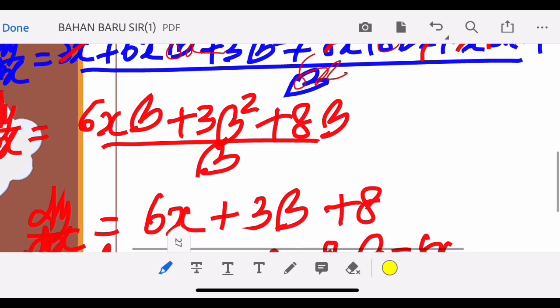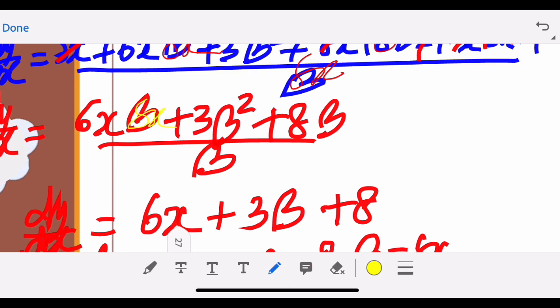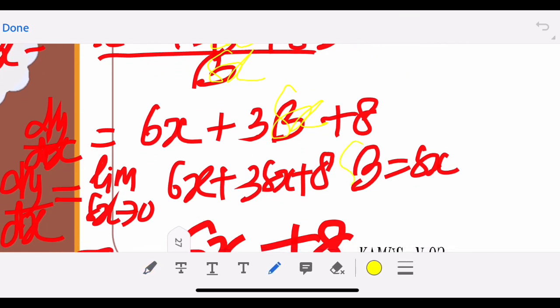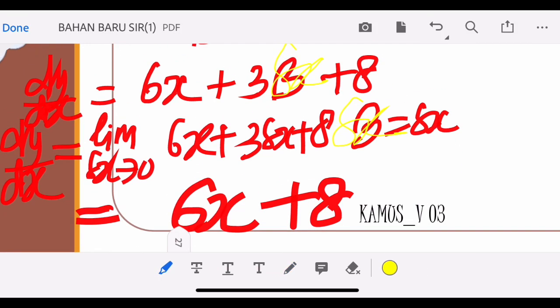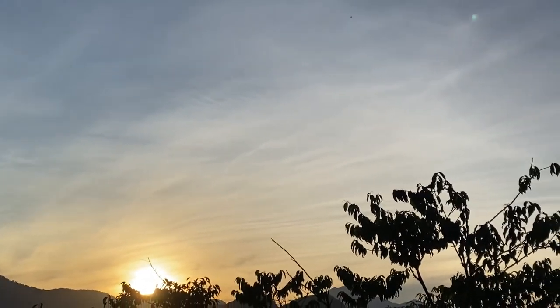Whenever the question asks for the first principle, not many students can answer because they totally forgot the concept of the first principle. So I'm introducing you to a shortcut that I think can help you recall the skills of doing differentiation using the first principle.